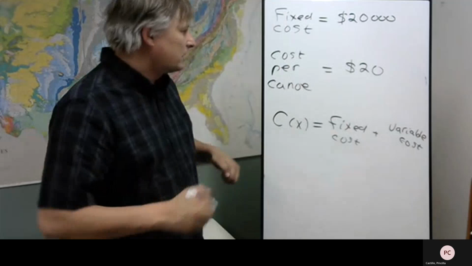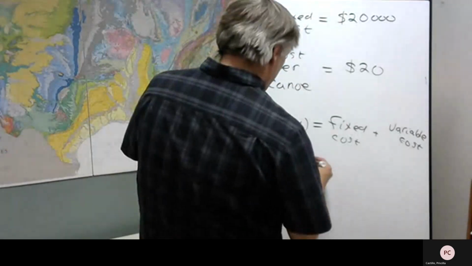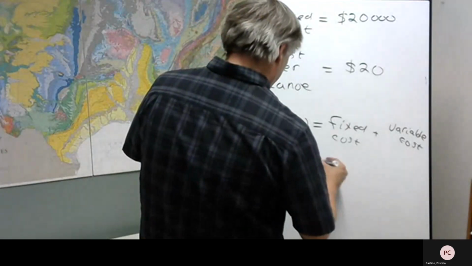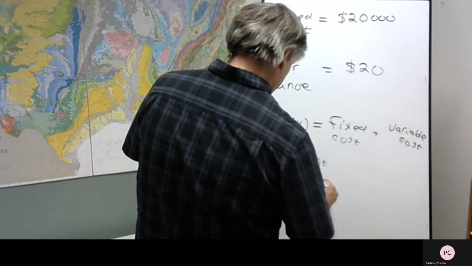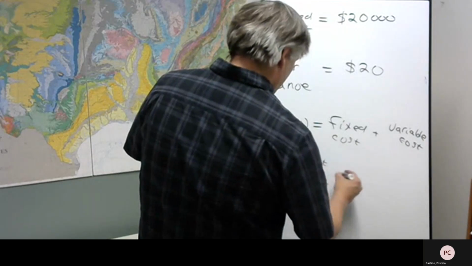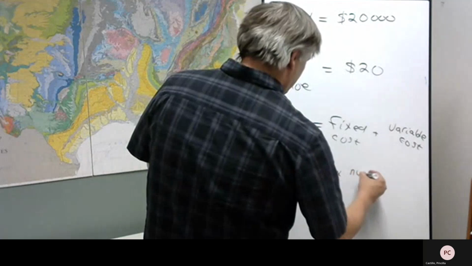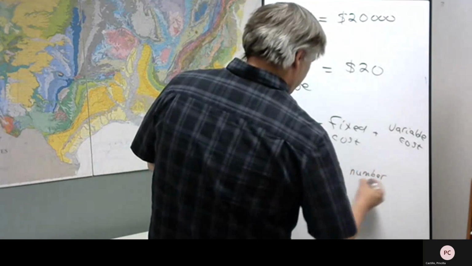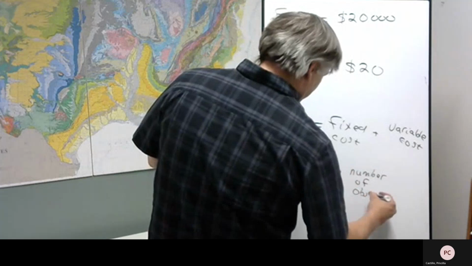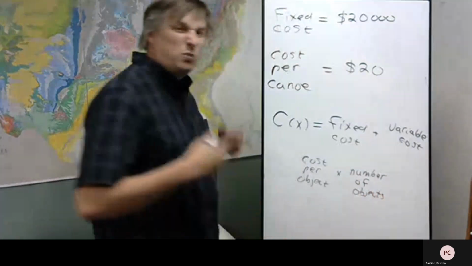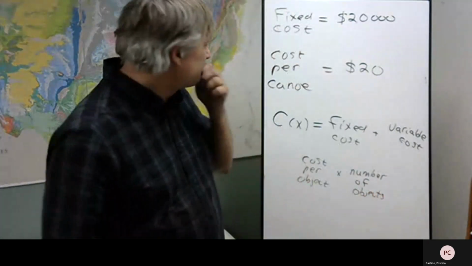So to find the variable cost, it'll be the cost per object times the number of objects. I'm using objects. It could be widgets. There's different terms for this.